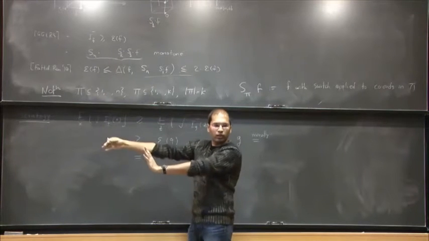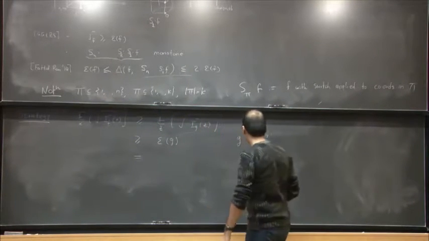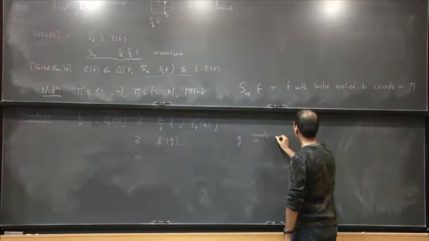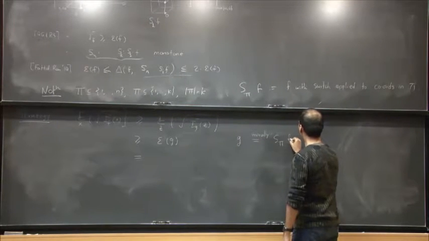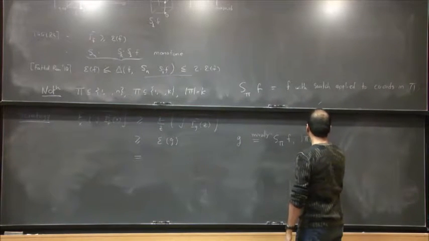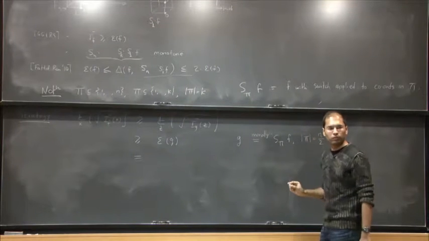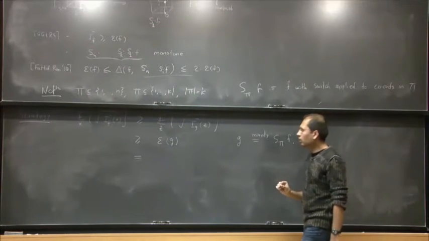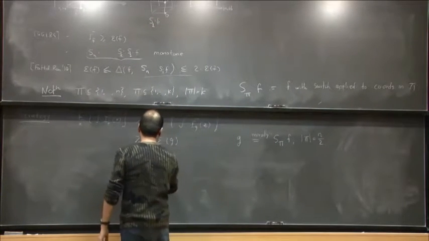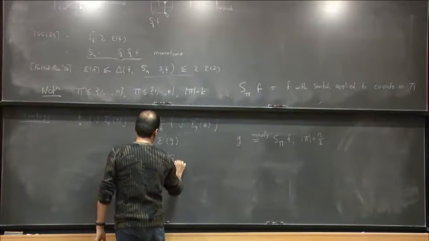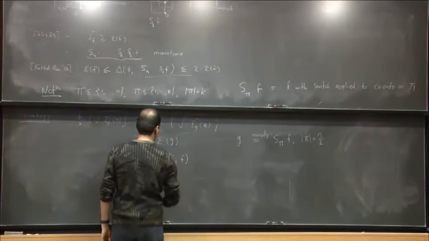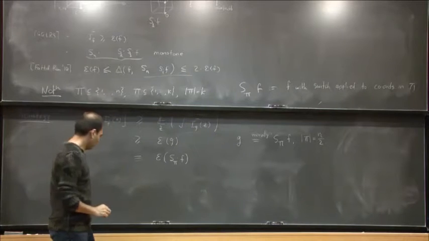You don't go all the way till the end, right? You stop in the middle. So g, morally speaking, is simply s pi f with size of pi equals n over 2. So this is simply distance to monotonicity of the function s pi f.